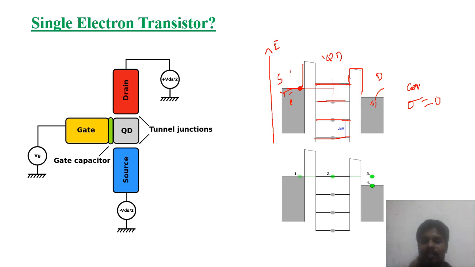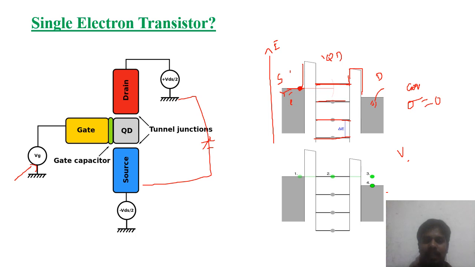Suppose we now give a bias between the drain as well as the source region. If we give some voltage, what would happen? The energy level still won't change, but what we want to do here is give the voltage Vg to the gate.